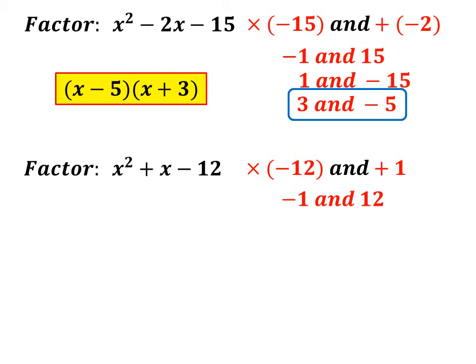I can try negative 1 times 12 is negative 12, but that gives me 11 when I add them. 1 times negative 12 is negative 12, but 1 plus negative 12 is negative 11. 2 times negative 6 is negative 12, but 2 plus negative 6 is negative 4.